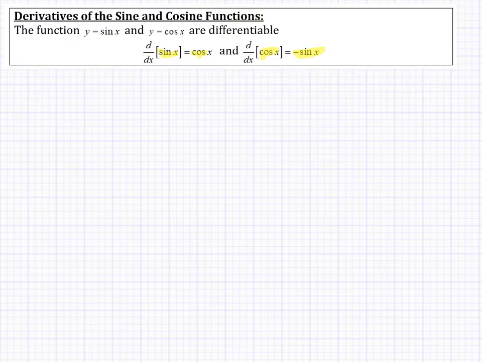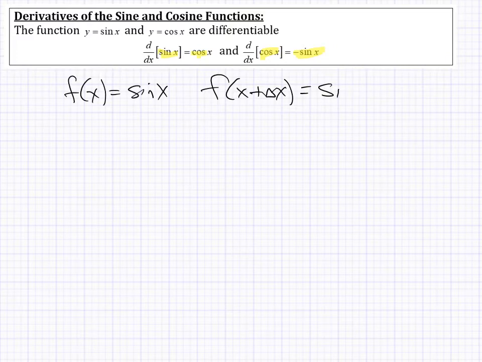And so if we look at the limit definition for, let's say, sine, so our function f of x is sine x. So what we'll need is f of x plus delta x, which is going to be sine of x plus delta x. Now, there's something called the sum identity that says if you're taking the sine of a sum, there's a way that you can break that down.